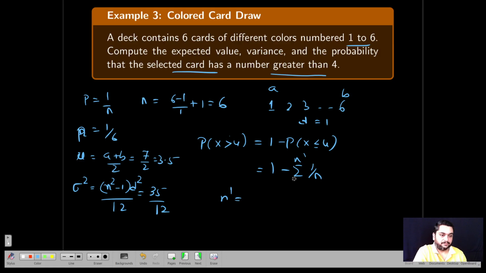This is 4, the new b dash. Then a dash is 1. So (4 minus 1) divided by d, which is 1, plus 1. This is 3. So this is nothing but 1 minus 3 into 1 by 6, equal to 1 by 2. This is the answer.